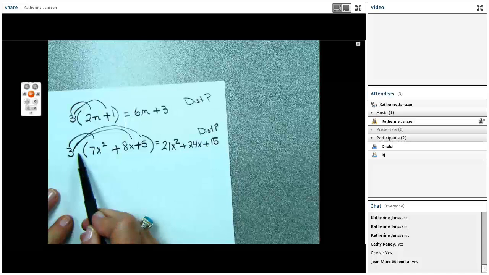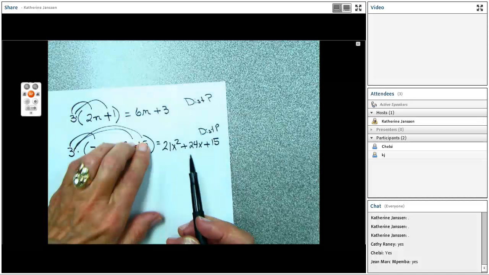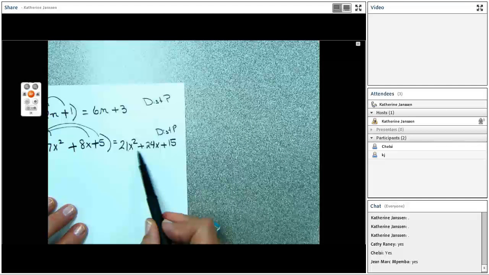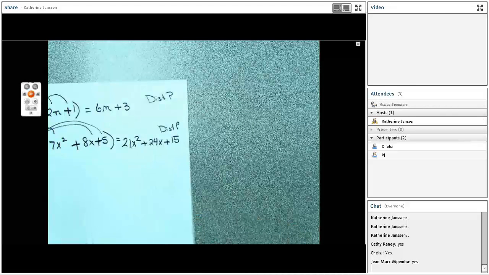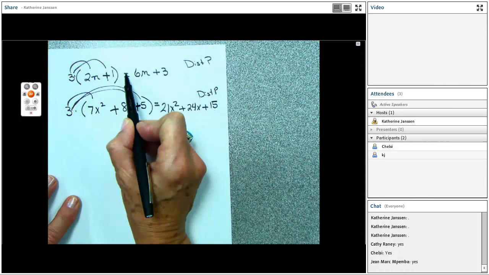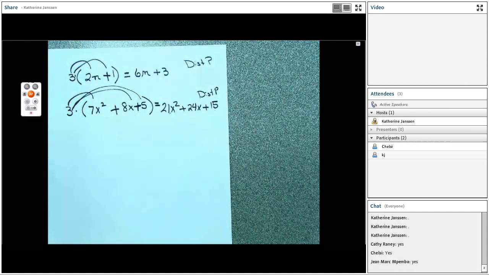Notice that on this side of the equation I have something times something. On this side of the equation I have 3 terms, and it looks like I'm adding those terms. But there's an equation with an equal sign. There's an equality going on.